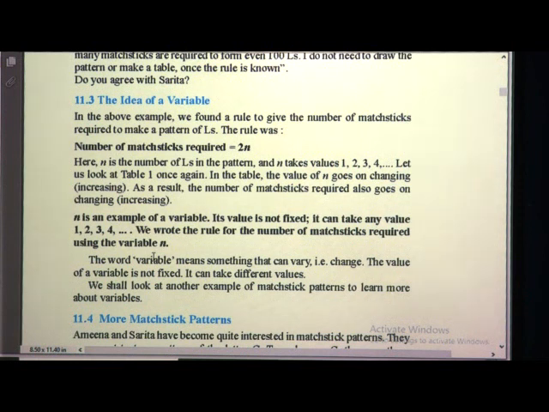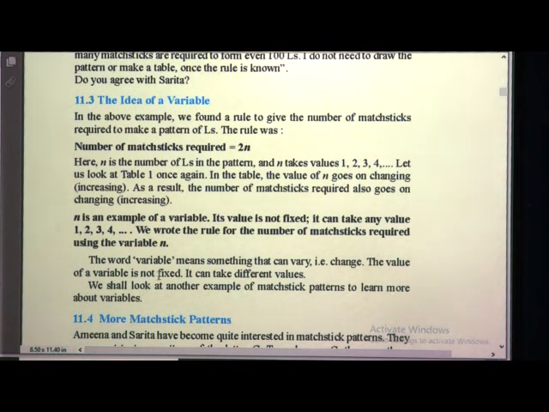So, we have written the rule: for L we have written 2n, for U we have written 3n, for Z we can write again 3n. So, the rule changes for different letters. The word variable means something that can vary.